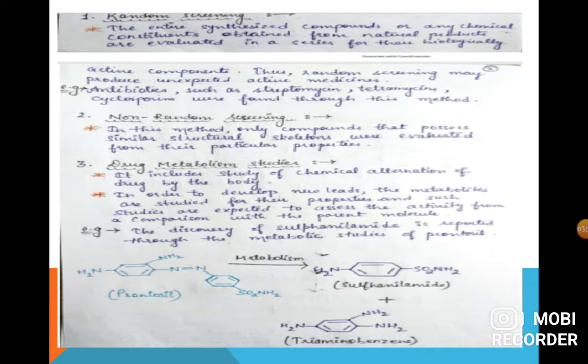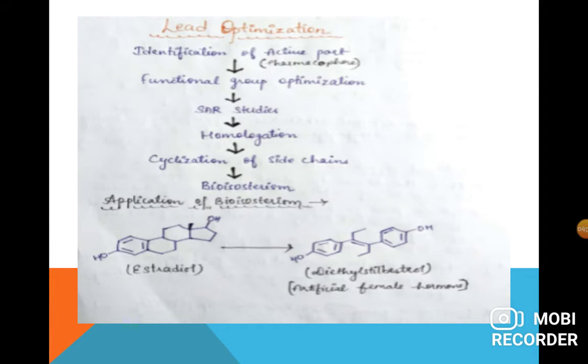Sulfanilamide shows its pharmacological action after separating from triaminobenzene. So the prodrug of sulfanilamide is Prontosil, which after metabolism is converted into sulfanilamide and shows its pharmacological action.